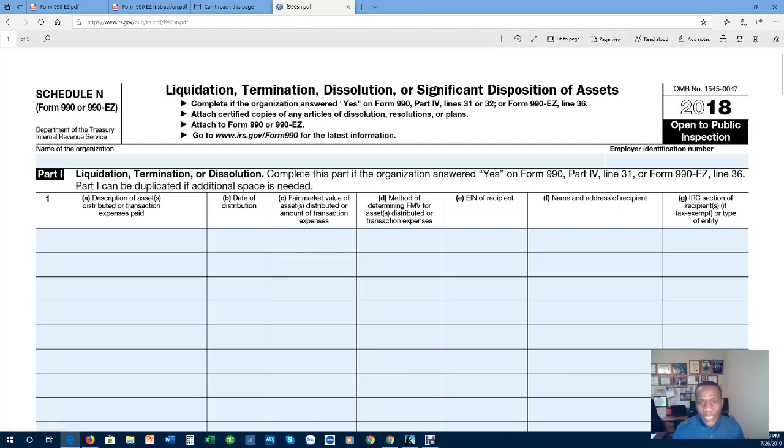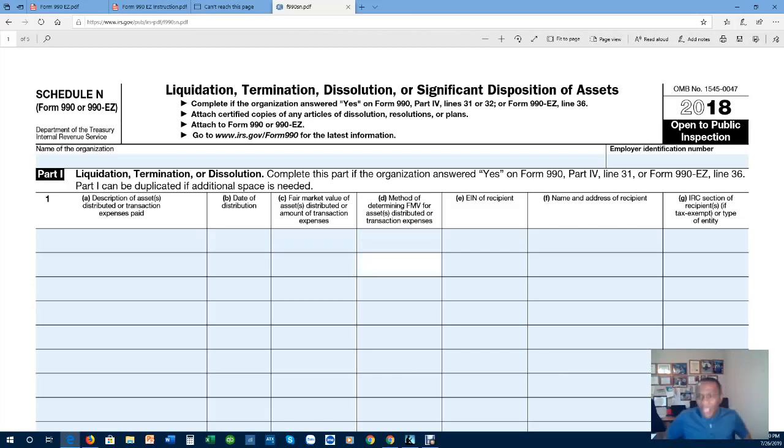Okay, so liquidation: description of asset distributed or transaction expense paid, date of the distribution or termination or dissolution or significant disposition, fair market value of the asset at the time of the event distributed or amount of transaction expense, and method of determining fair market value.